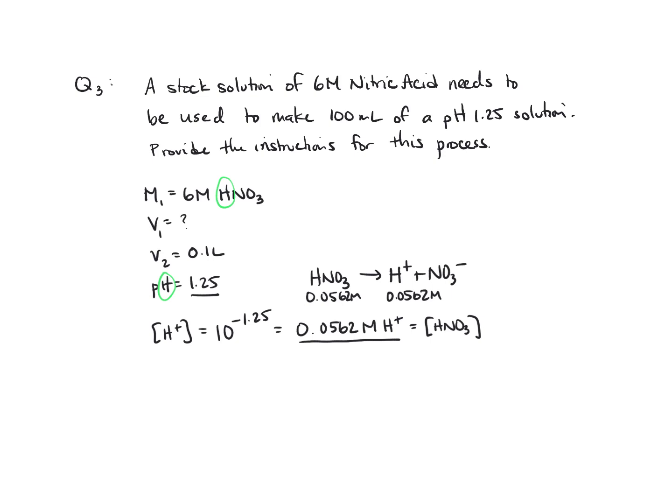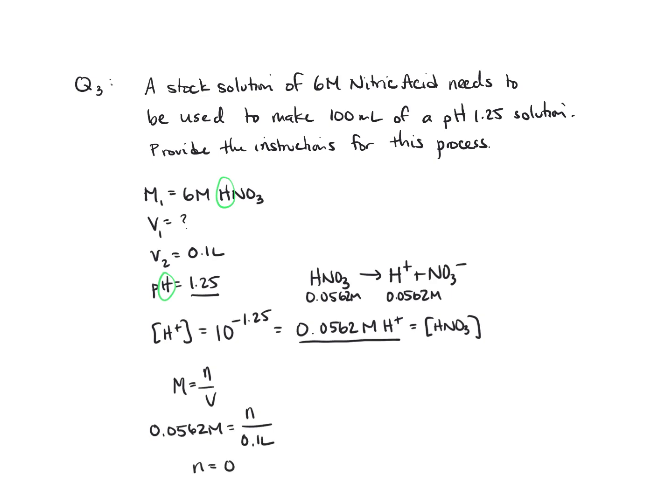So we've got our volume, which is 100 milliliters, and we've got our concentration. So we've got M equals N over V. Or we can just do a dilution problem again. We're going to do it this way, using M equals N over V. So we have 0.0562 molar is equal to N over 0.1 liters.